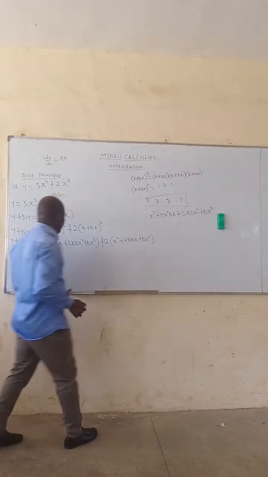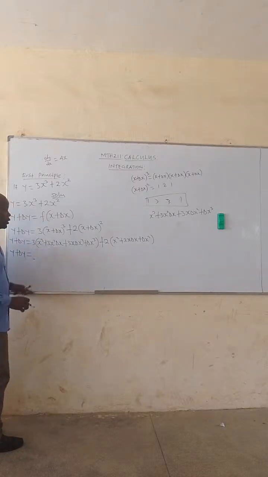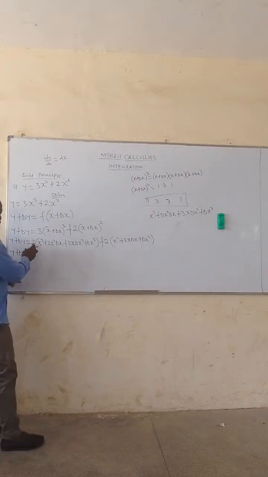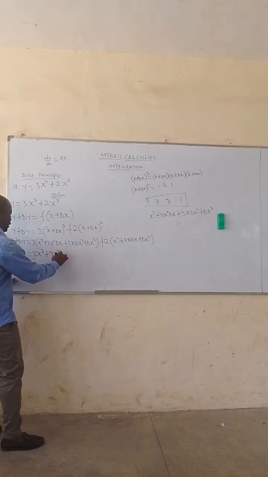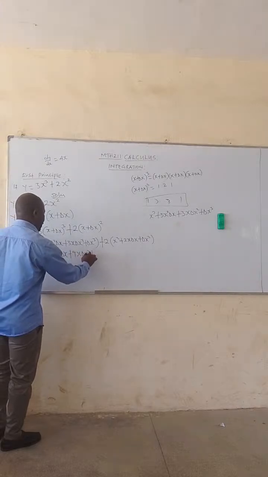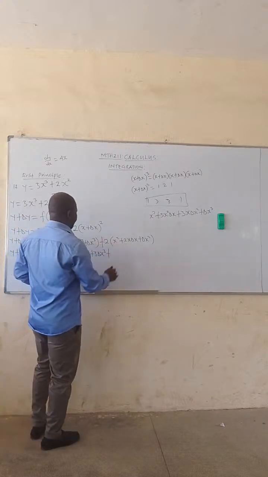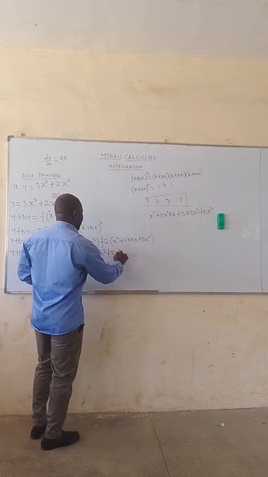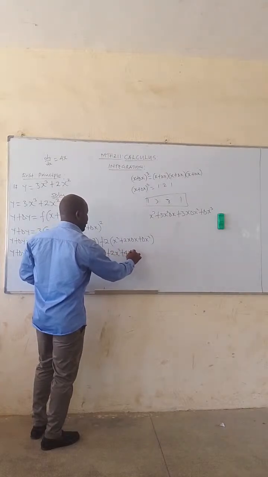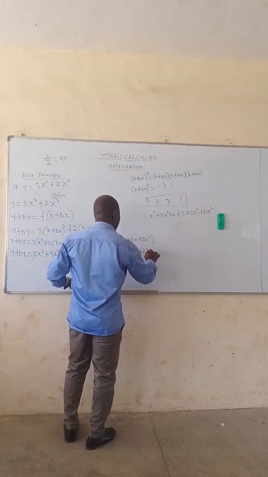So at this point, y plus dy is equal to, use this to multiply out the bracket. This gives us 3x cubed plus 9x squared dx, then plus 9x dx squared plus 3 dx cubed, then plus 2x squared plus 4x dx, then plus 2 dx squared.